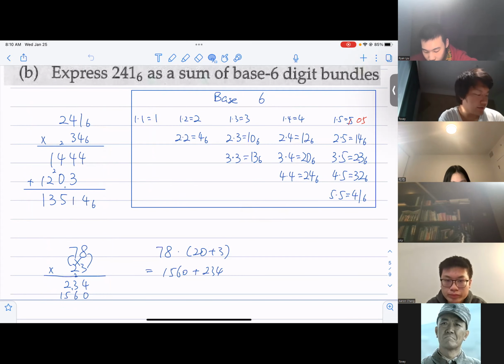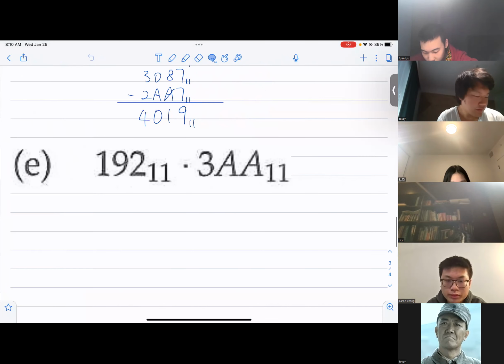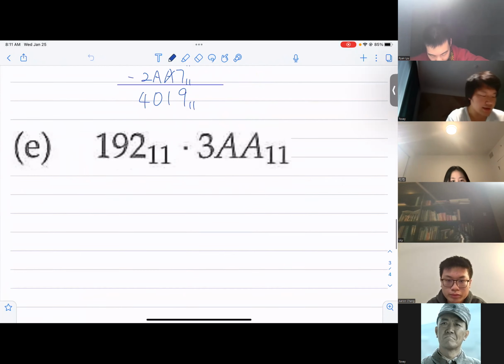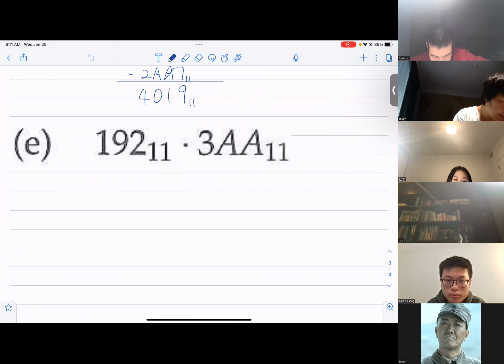But when you're doing multiplications, you need a multiplication table, but for something like 2 times a, in this case, you can always figure it out yourself. Okay, so let's have a look using this example. In this example, we have 192 times 3AA, and that's in base 11.